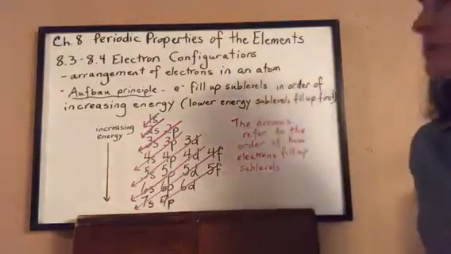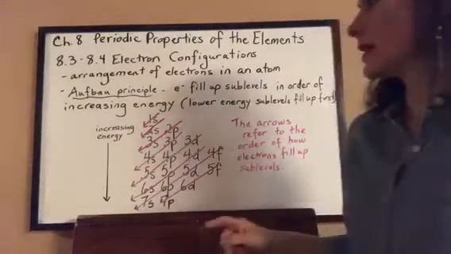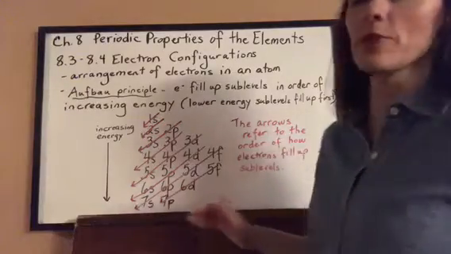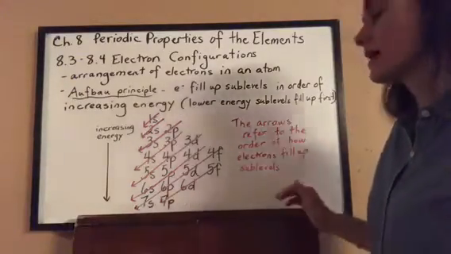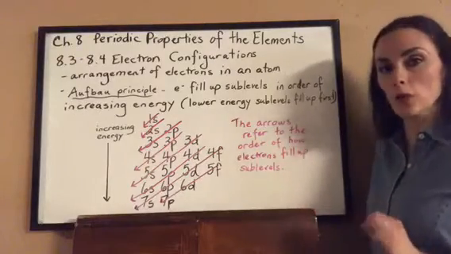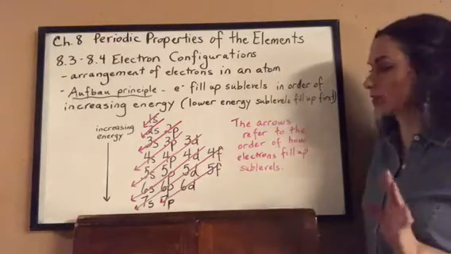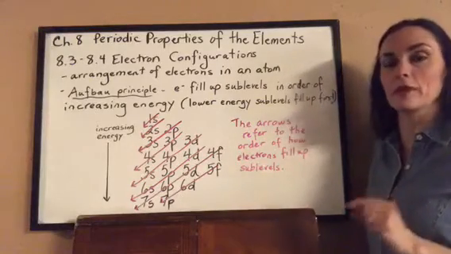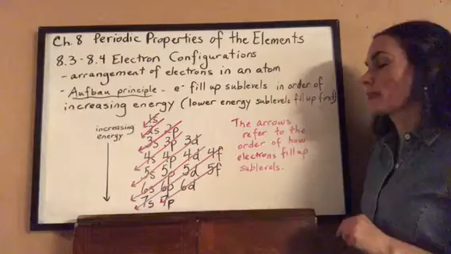Now what we want to remember is that the sublevels, regardless of which principal energy level they're in, have a maximum amount of electrons that they can hold. An individual orbital, regardless of what the orbital is, can only fit 2 electrons at most, but the sublevels max out at different numbers.